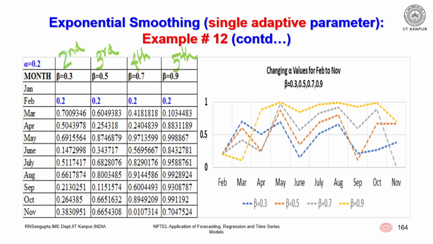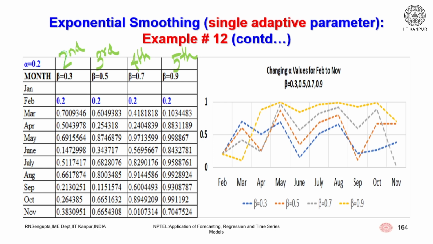So, for 0.3 of beta, the blue one is the graph which was shown how to calculate in the Excel sheet. For beta 0.5, dark red is the graph, as you can see in the right panel in the slide. Similarly, for beta 0.7, gray colored graph, dotted graph for all 4 cases, and beta equal to 0.9, the light orange one. So, I have this graph.